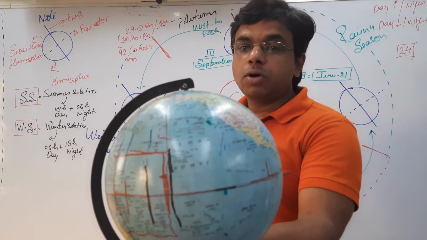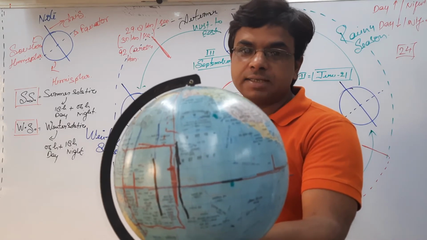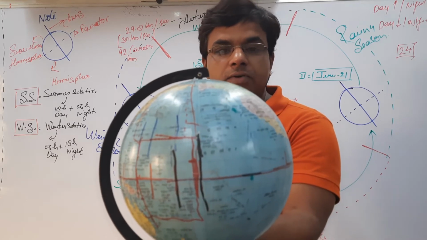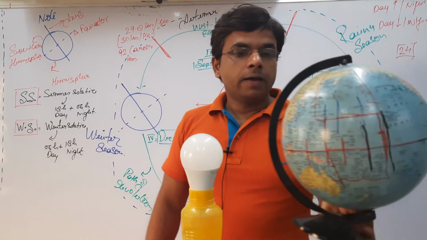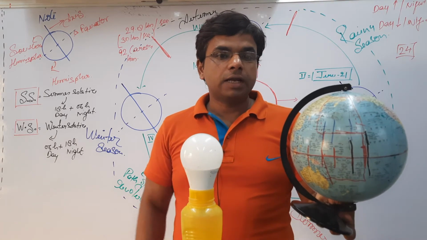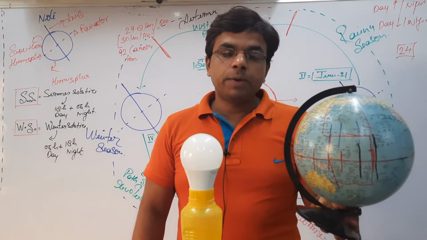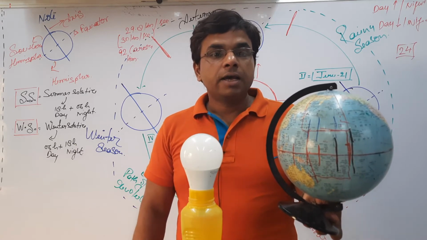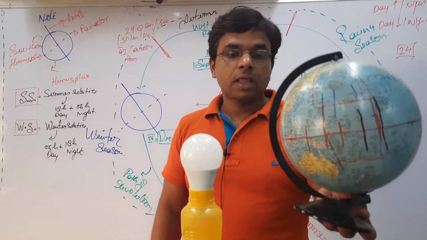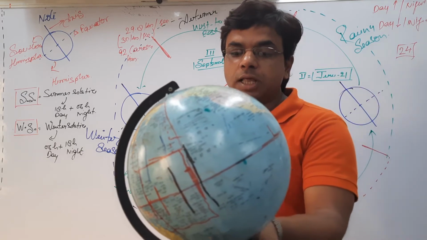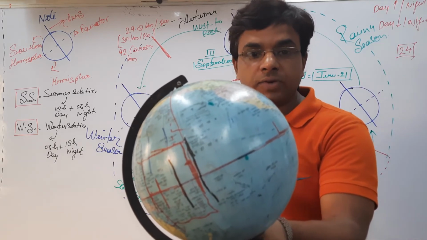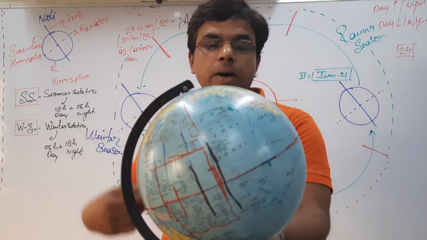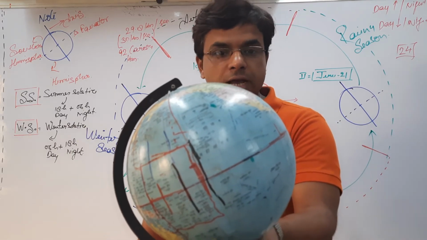If the earth were not inclined, we would not be discussing the inclination angle at all. But in the real position, the earth is inclined at 23.5 degrees west. So on the 21st of March, there is no effect of inclination.